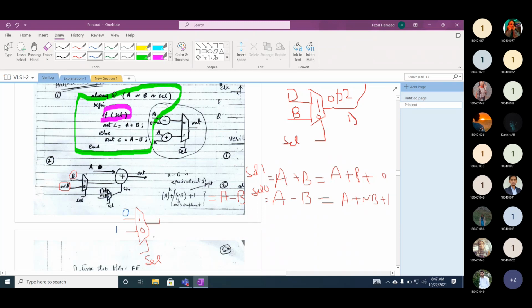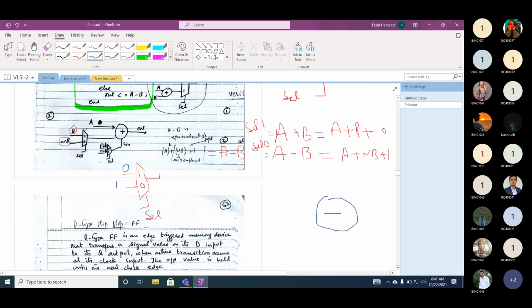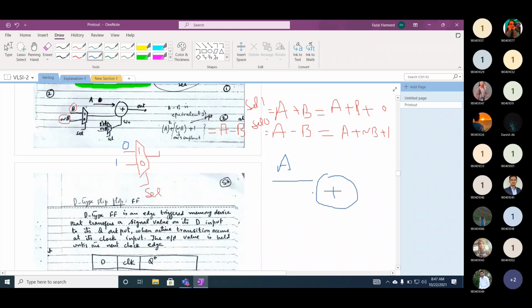Now if you look at here, we don't even need a multiplexer. We just need an inverter. So actually the reduced hardware will look like this. A, and then for B we need a multiplexer.